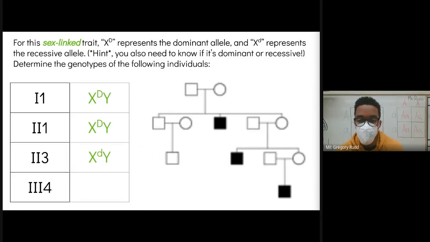We should have 2 X chromosomes. Even though we don't know for sure, we know that that person is unaffected. So they could be a homozygous dominant female, or they could be a carrier female, a heterozygous female. But if we look at her son, she must be a carrier because her son is affected. So that person is a carrier, X capital D, X lowercase d.